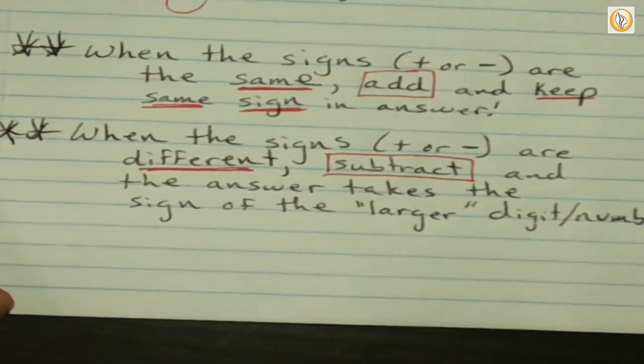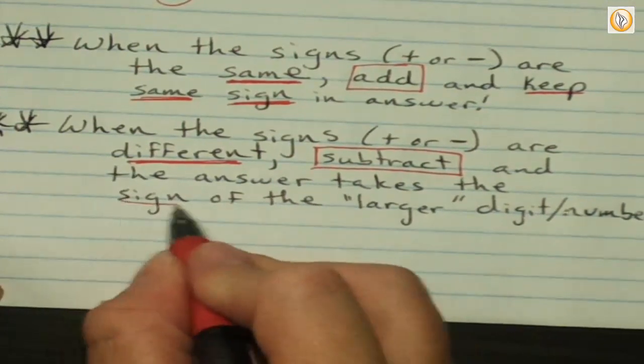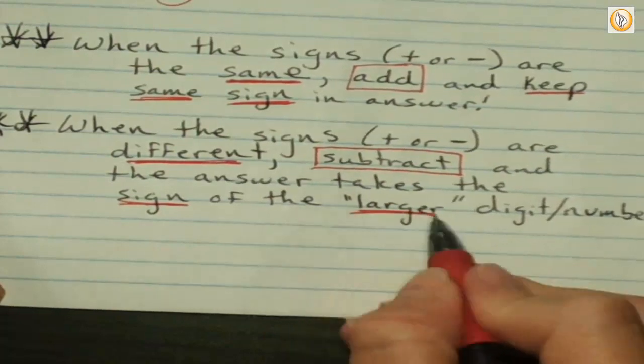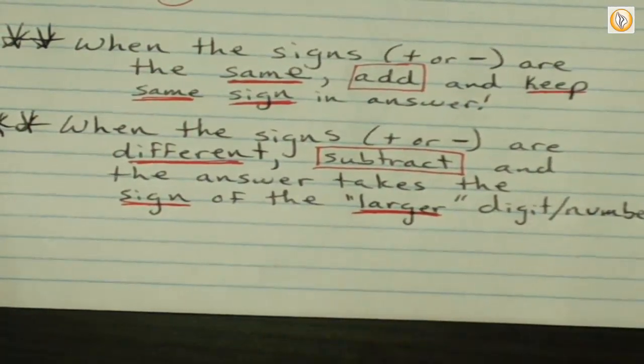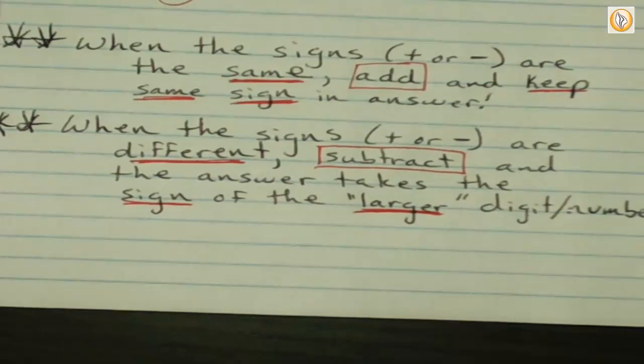Whoops. I gotta fit in the box. So if the signs are different, you subtract, and the answer takes the sign of the larger digit. I'm going to show you examples in a minute.